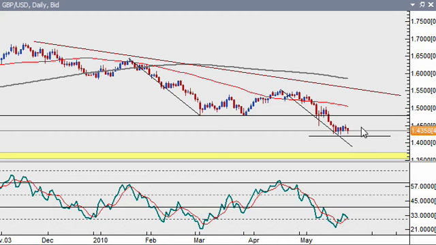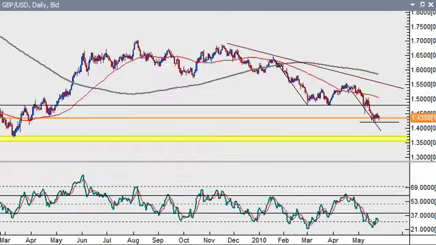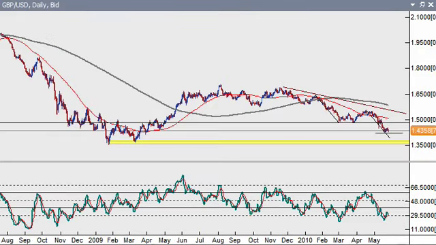So there we might expect some exhaustion move or another swing towards 1.38. You see here, the low here is 1.35.